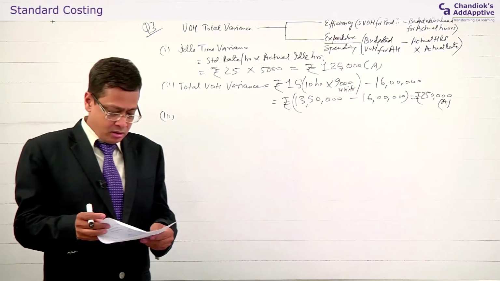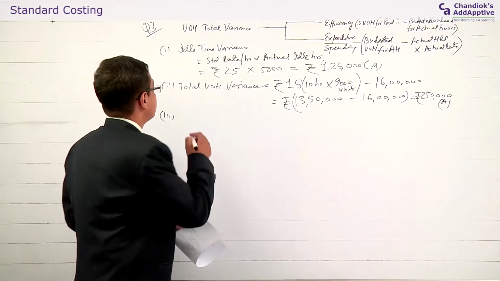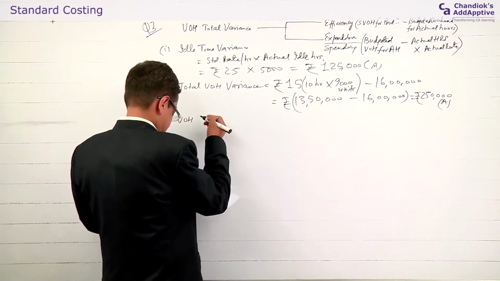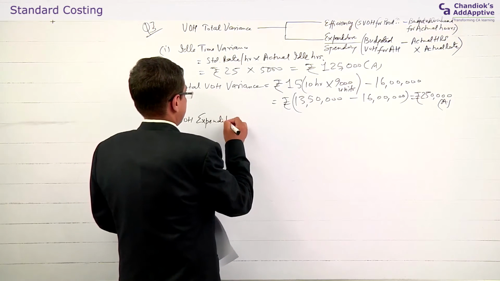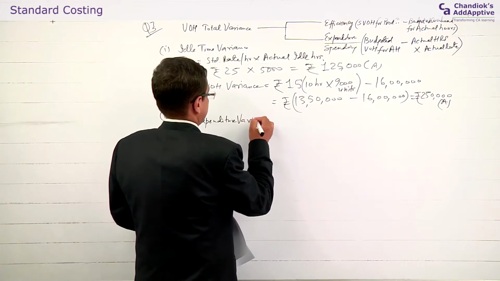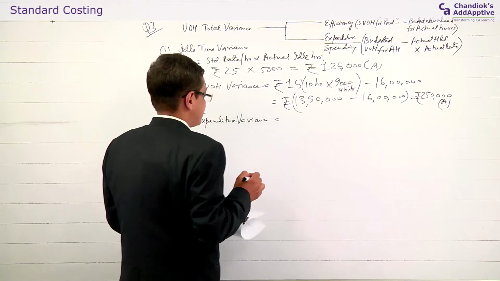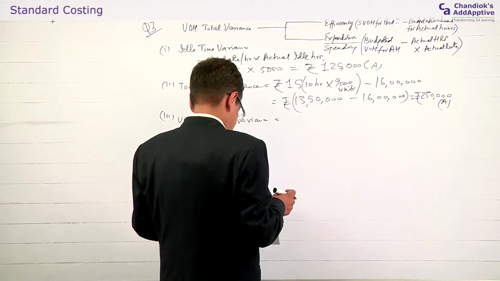Now let us work on the third point, which is variable overhead expenditure variance. So what is expenditure variance? It is the spending variance.